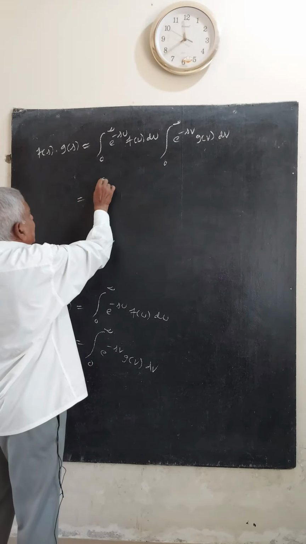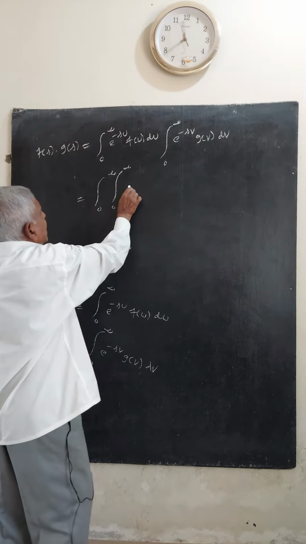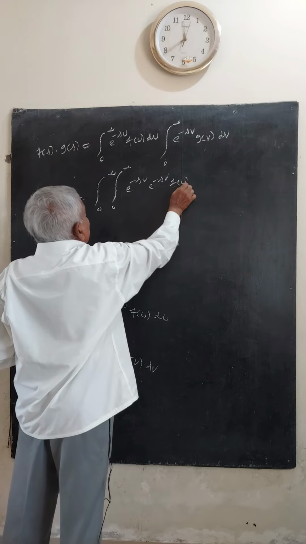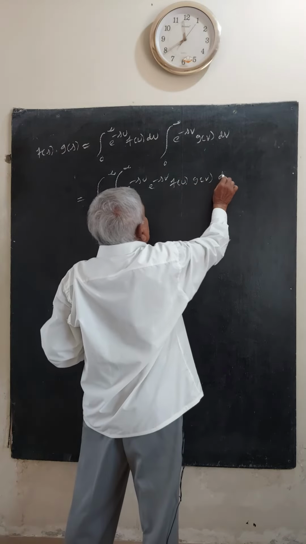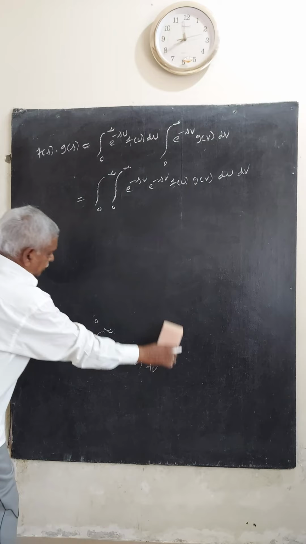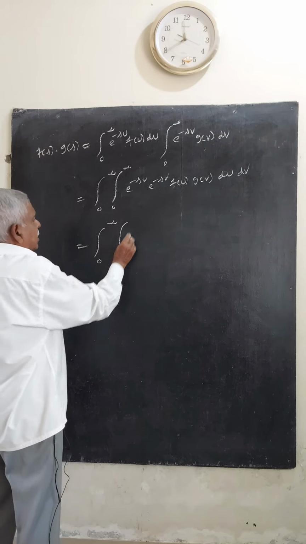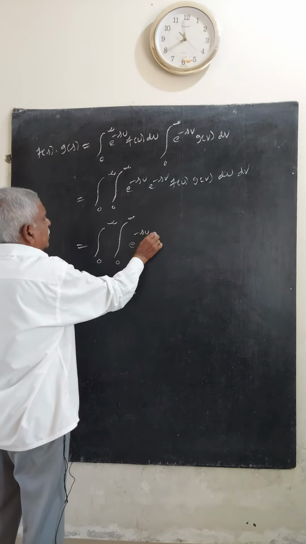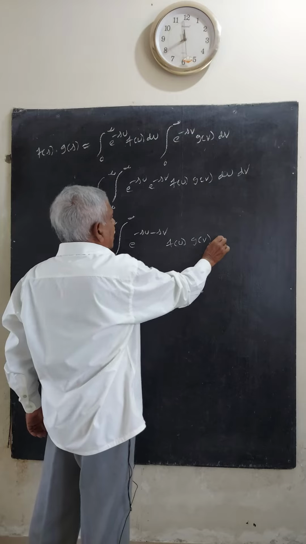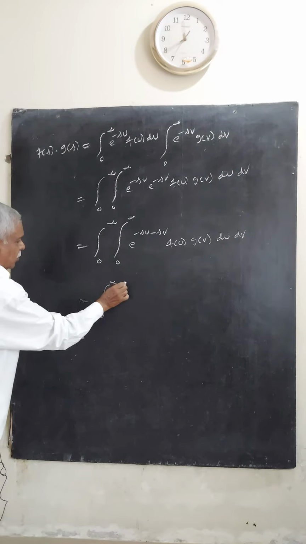Again, taking the integrals commonly outside, e power minus su e power minus sv f(u) g(v) du dv, which equals the double integral from 0 to infinity of e power minus su minus sv f(u) g(v) du dv.